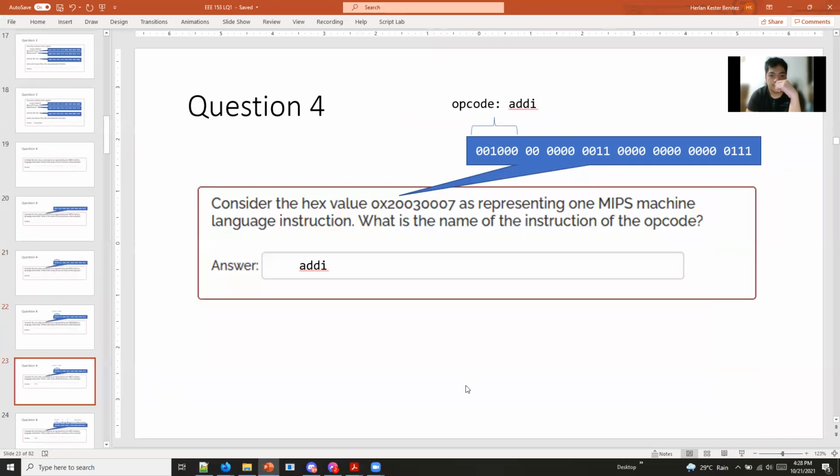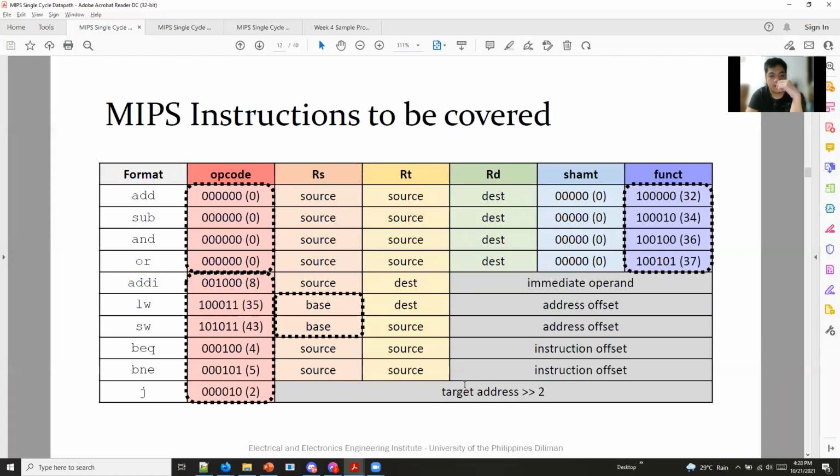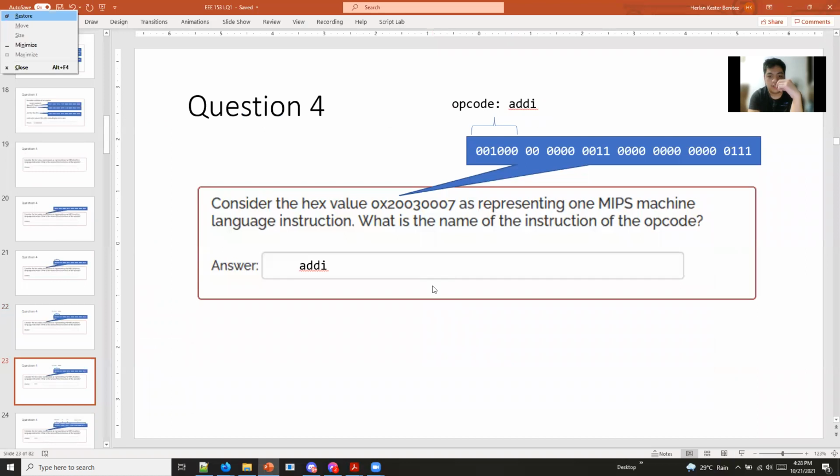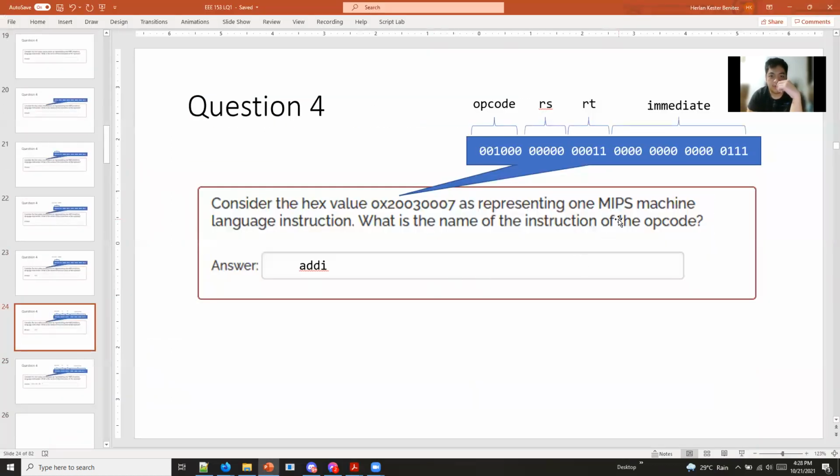Pero if gusto natin pang dahil extra tayo, since alam natin na add I instruction siya, alam natin na yung next 5 bits is RS, yung another 5 is RT, and then yung immediate na ina-add natin. So yung first 6 si opcode, next 5 si RS, next 5 si RT, and then yung last 16 yung immediate.